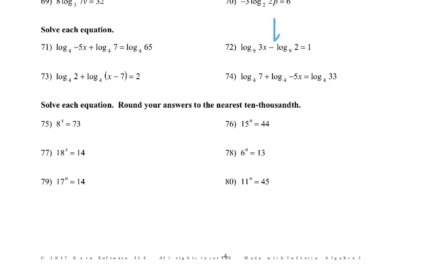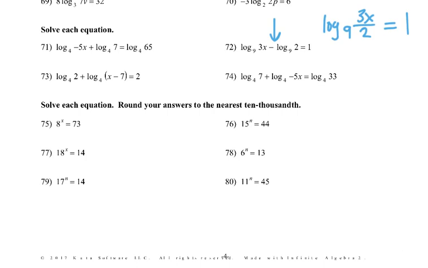Okay, so let's take a look at 72 now. So 72 now has a minus, so it would be log base 9 of 3x divided by 2, equals 1. Okay, now, we can do this differently, can't we? Well, we could do it that way.